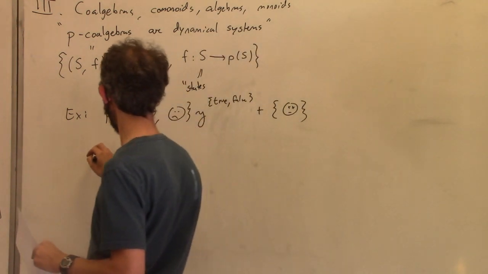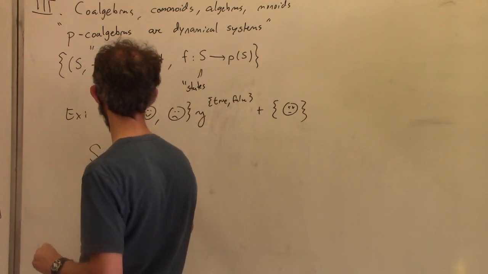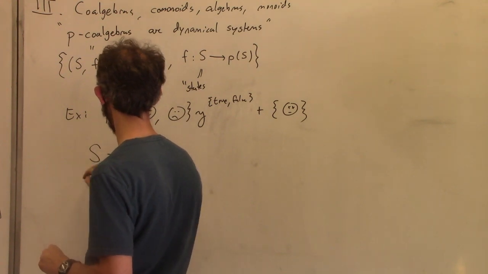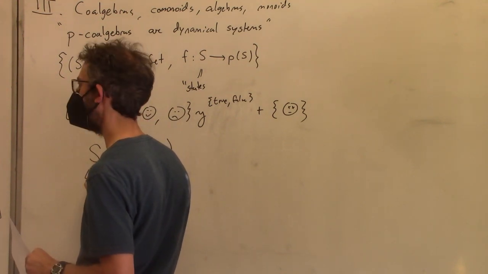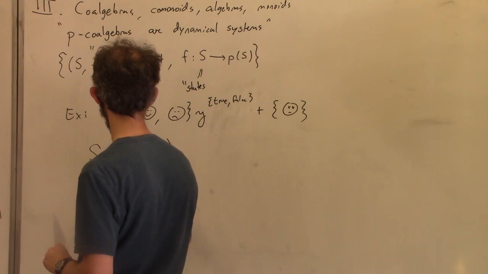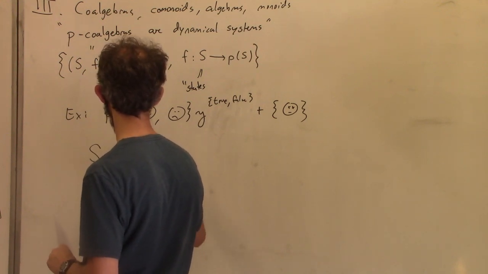Then I could have a set S mapping to P of S. For example, I could take the 4-element set mapping to this thing, P of 4.